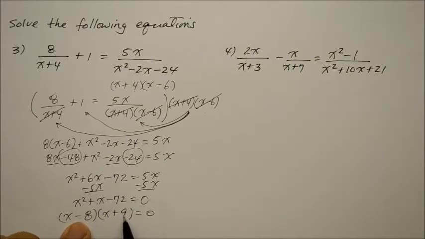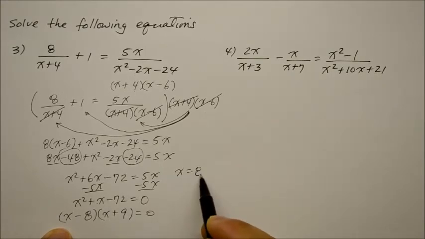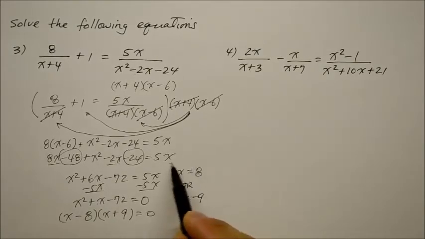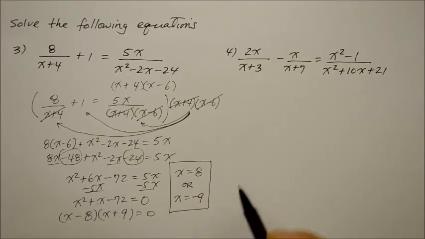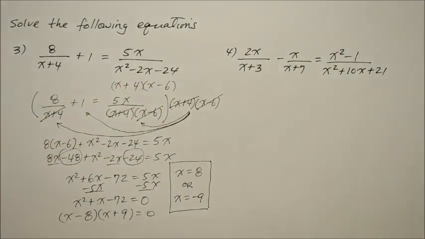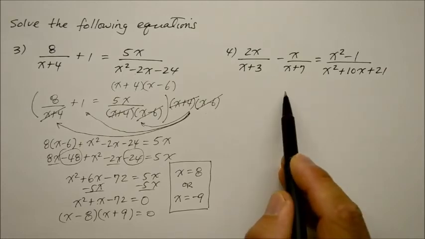And the negative 8 times positive 9 is negative 72, the C term. So by the zero product property, if I add 8, x is going to equal positive 8. Or x is going to equal, when I subtract the 9, minus 9. So those are my two solutions that will make my equation true. Okay? Now you try that one.